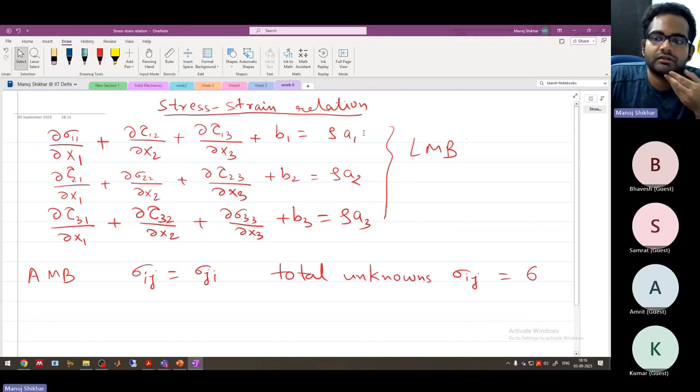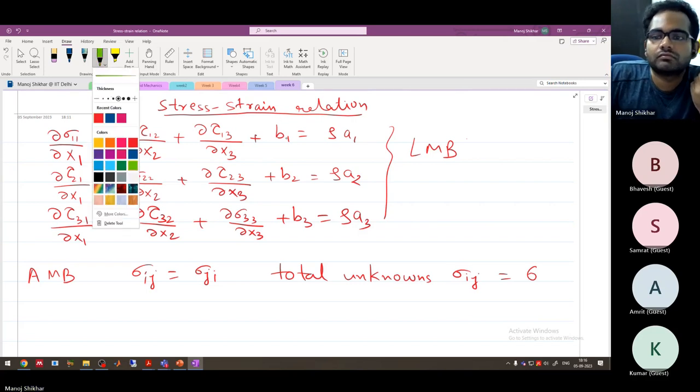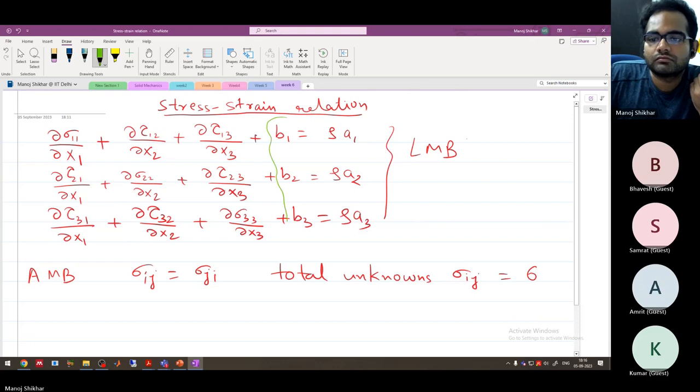Now, if you look at the LMB, we have only 3 equations and we have 6 unknowns from the sigma matrix, and we have 3 unknowns from this acceleration. This body force will be known. This will be given, whatever kind of body force is acting, for example, electrostatic body force or gravitational body force. You will be knowing this part. These are known.